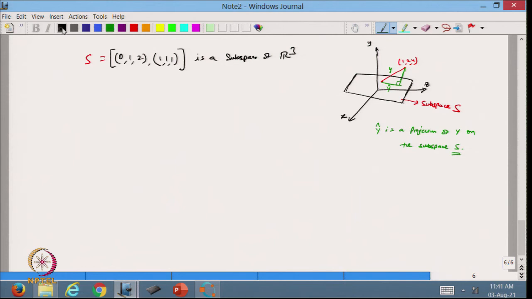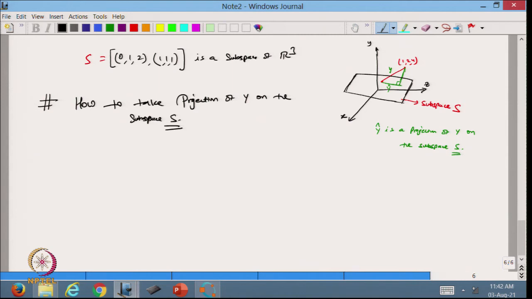So, let us see how to take the projection of y on the subspace S. Let us see how we can do this one.